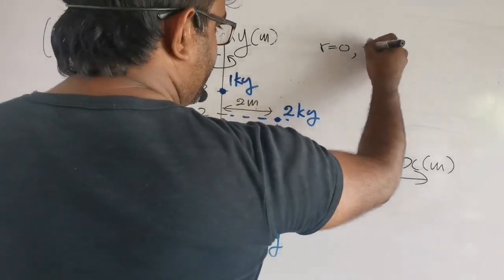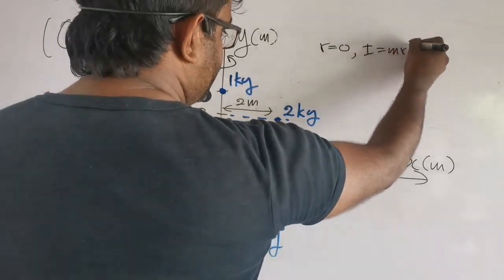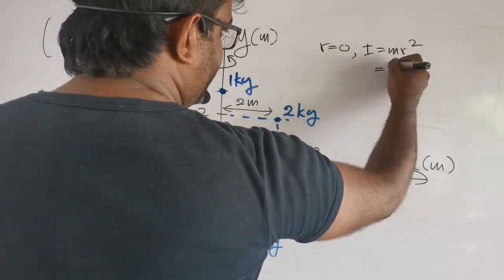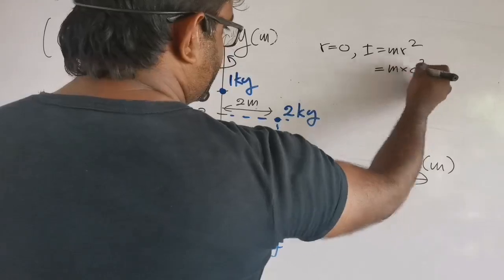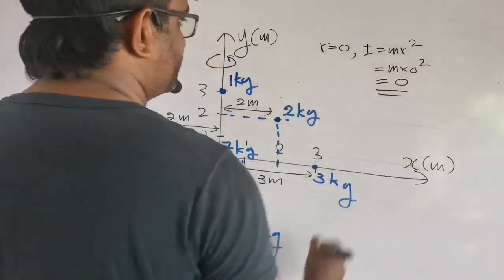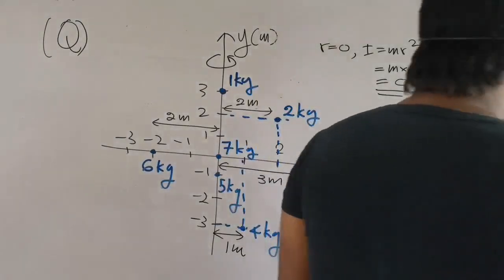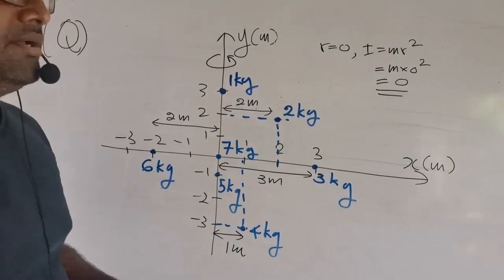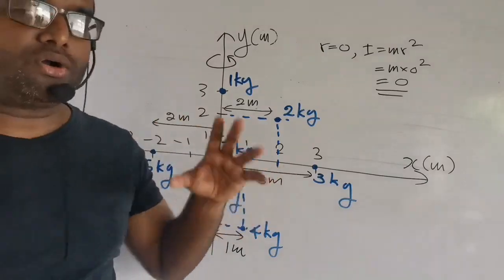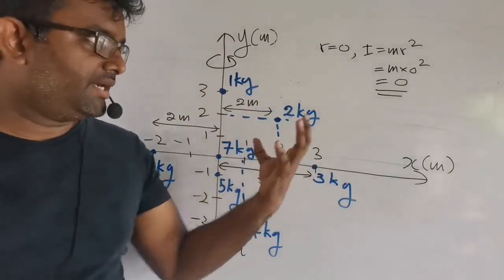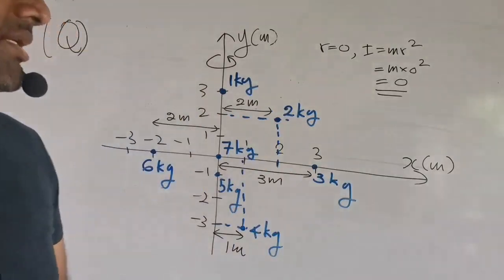Then I equals m r squared, then I equals m into 0 squared, that is 0. So highlight that sentence. When the mass is located on the axis, I becomes 0.